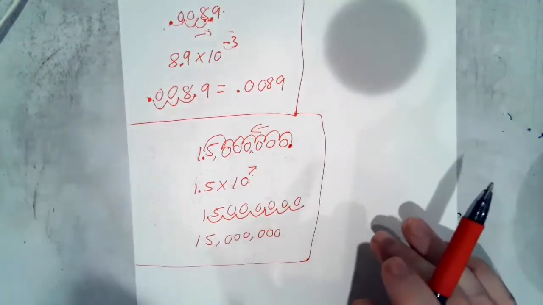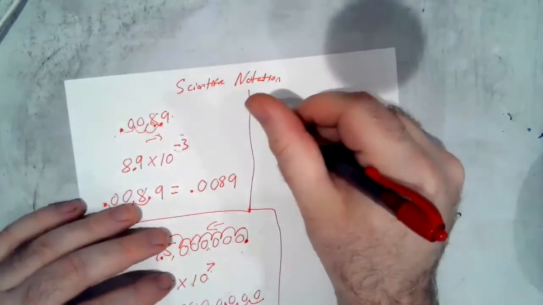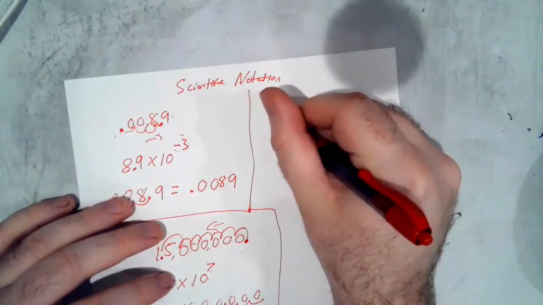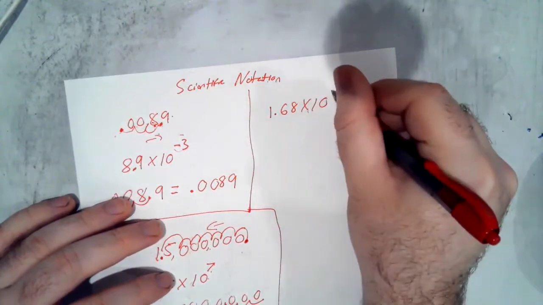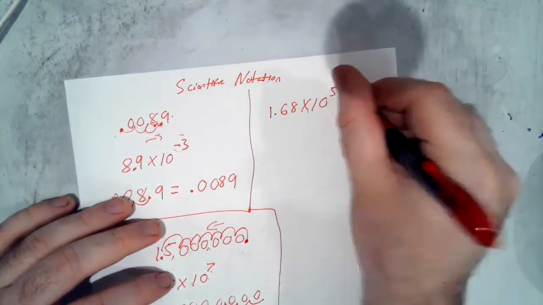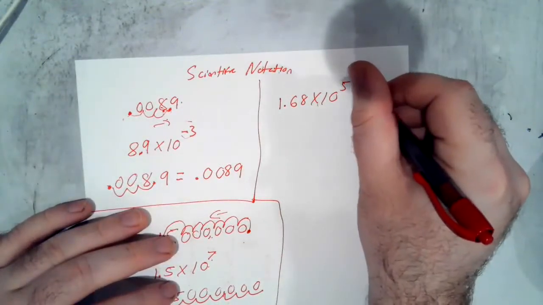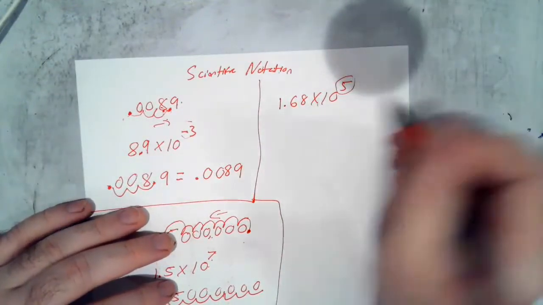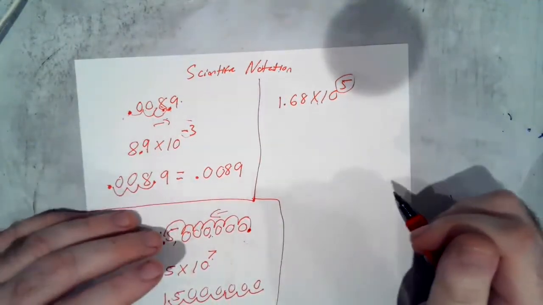Now that means if we were to start in scientific notation, for example, if I put 1.68 times 10 to the 5th power, well, what are you going to do with that? When it's a whole number, it's big, right? So I am purposely going to make a mistake so that you don't make it on the test.